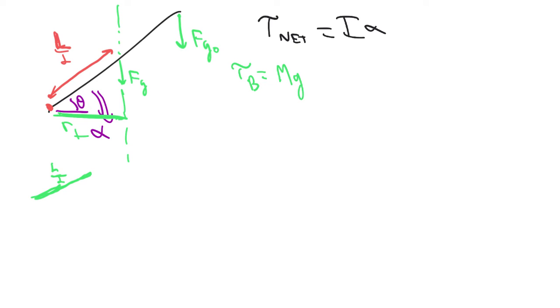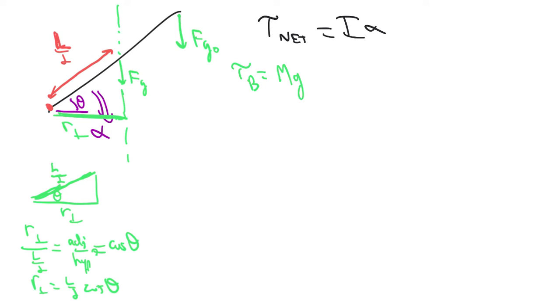That's a distance L over 2, but I want this side, so I have that the thing I want over L over 2 is an adjacent over a hypotenuse, so that's going to be a cosine, which means the thing I want is L over 2 cosine theta. So the torque's moment arm is going to be L over 2 cosine theta.